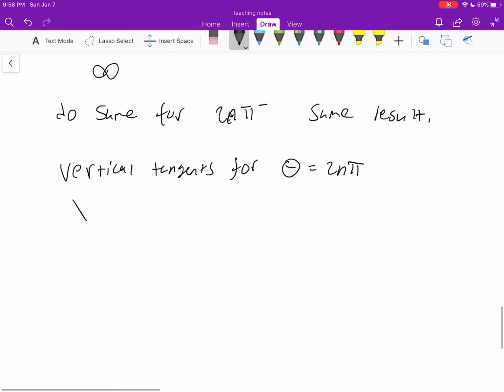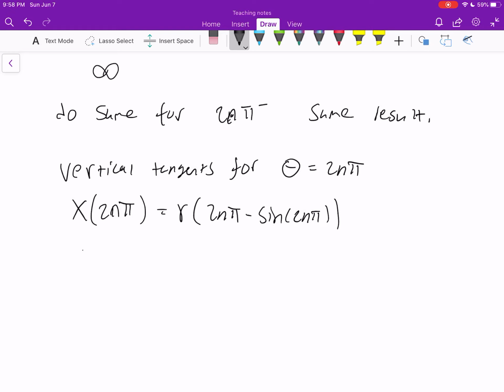Let's figure out what the x and y coordinates are. So x of 2n pi is going to be r times 2n pi minus sine of 2n pi. And y of 2n pi is going to be r times 1 minus cosine of 2n pi.